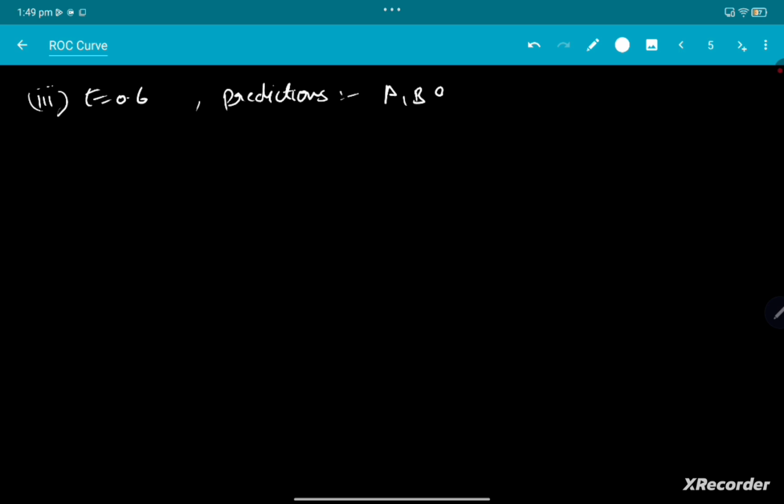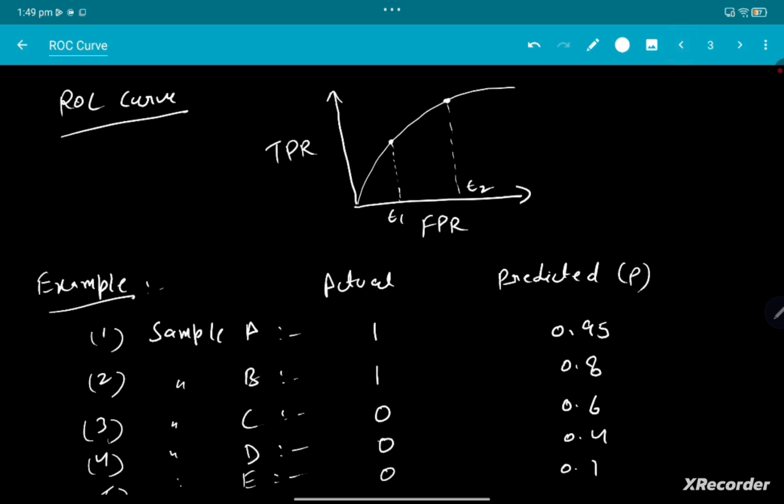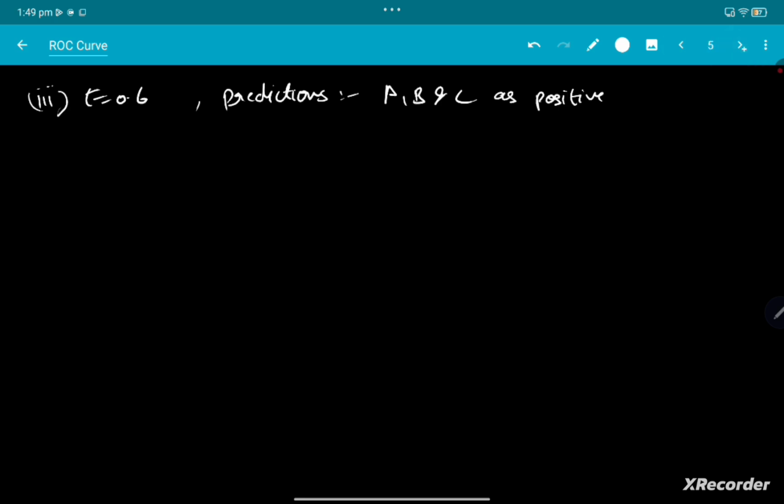But you can see that C is actually the negative, its actual value is 0, so it will predict wrongly.